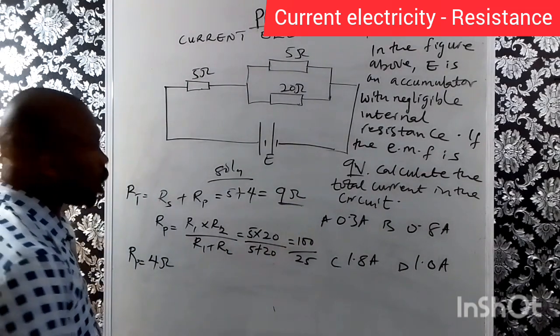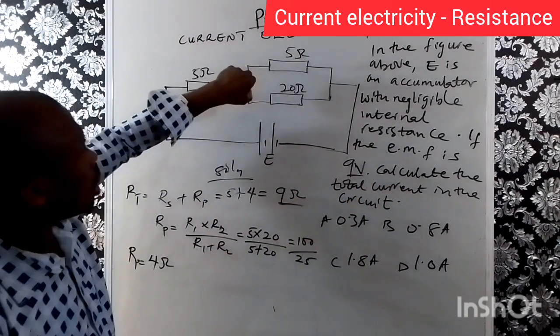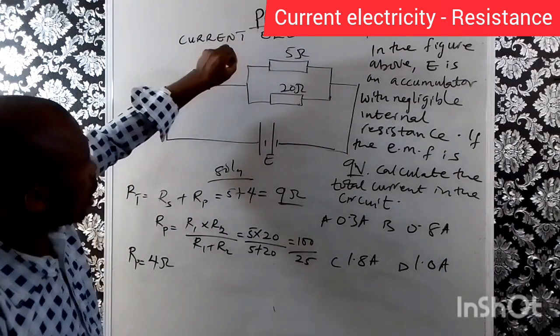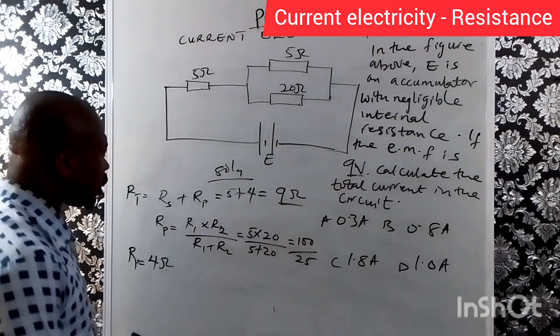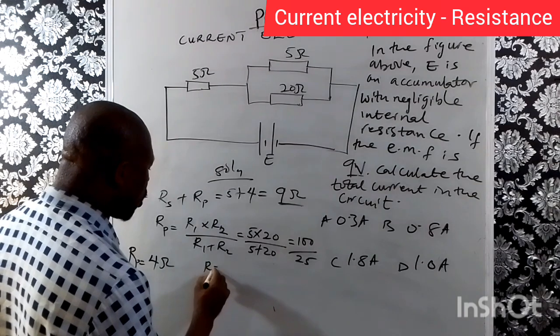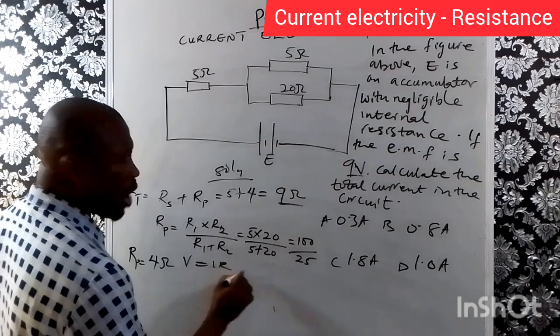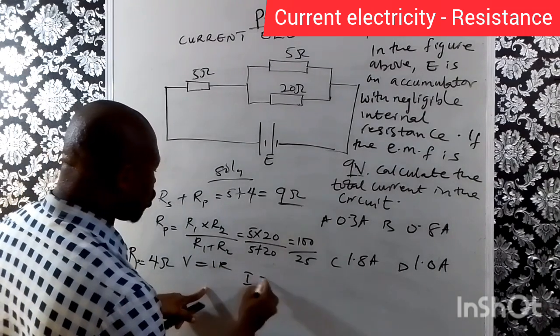Now, from Ohm's law, remember the current we are looking for here is the total current in the circuit, and they say the total voltage in the circuit. From Ohm's law, V is equal to IR. With that in mind, make I the subject.